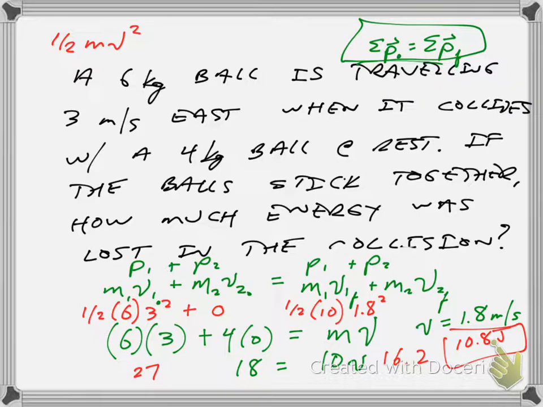And then after the collision, I know that together they had a combined mass of 10 and a velocity of 1.8, and so their kinetic energy was 1/2 of 10 times 1.8 squared, which is 16.2, and you can see that 10.8 joules of energy was lost. Where did it go? It could be sound, it could be heating, it could be deformation, any number of things.